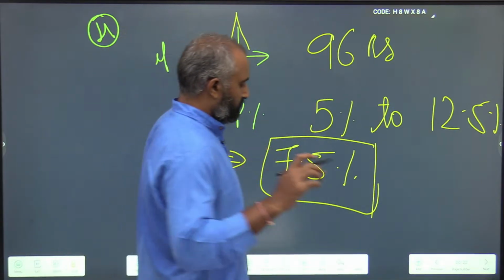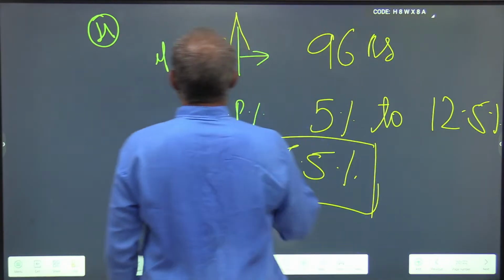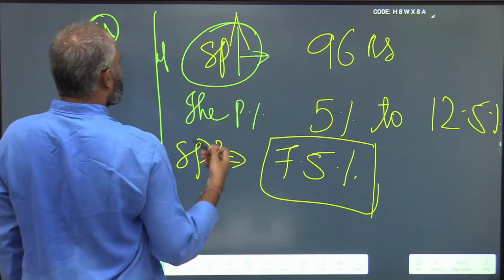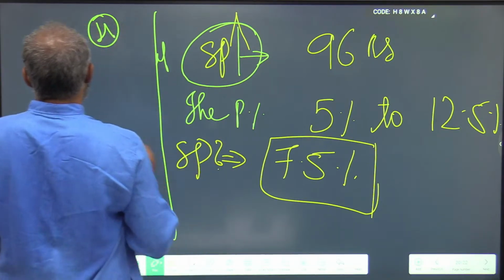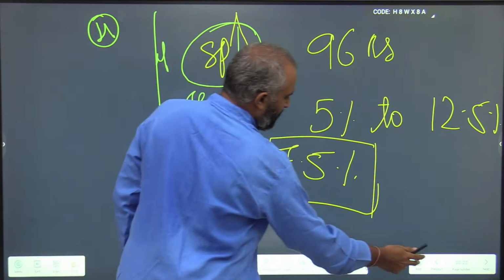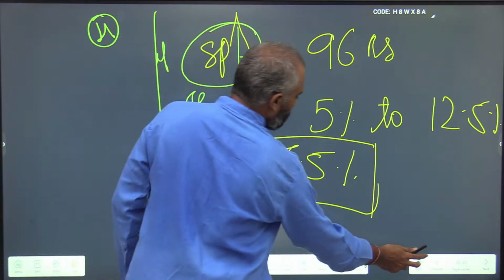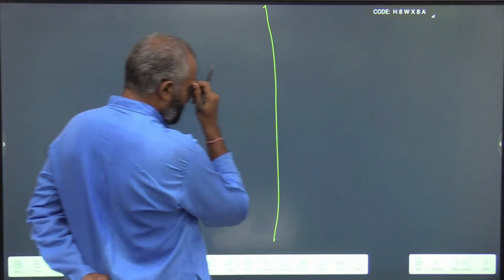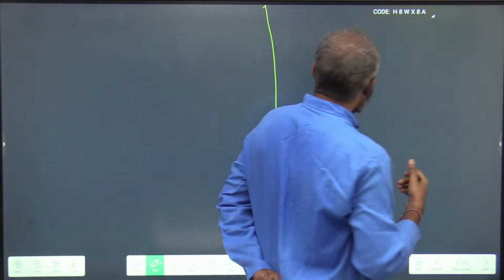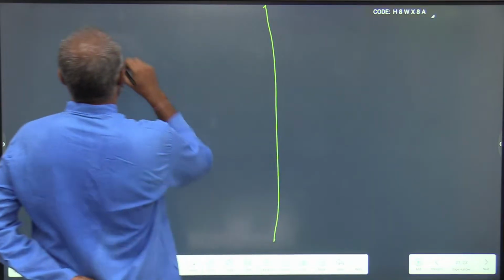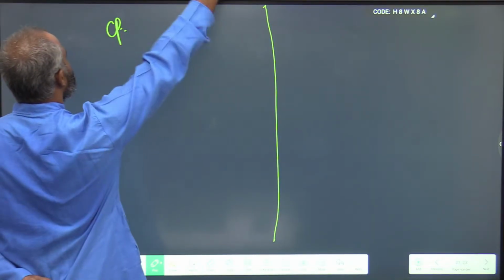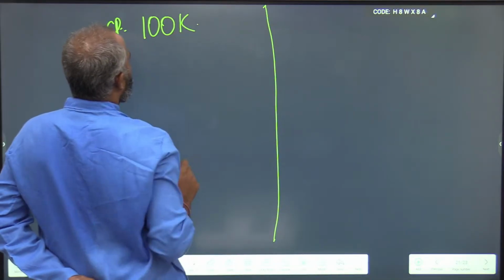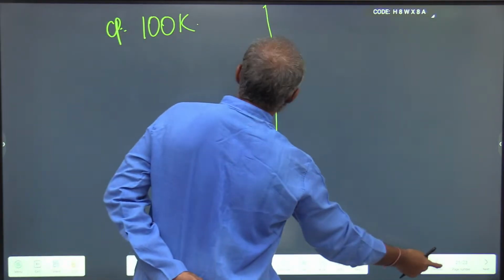So this is the problem. Now he didn't give the value of SP or CP. So many people prefer to solve this problem without thinking. This is the plain way or vanilla way to solve this problem. Assume cost price as 100k.